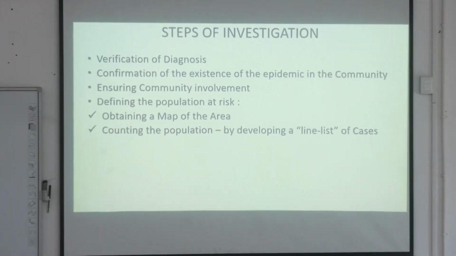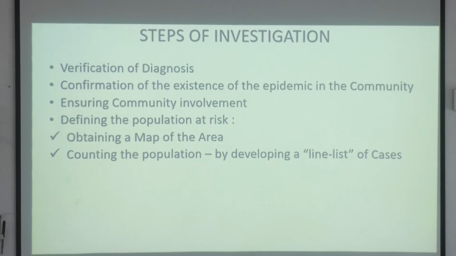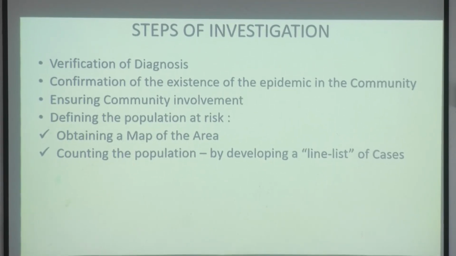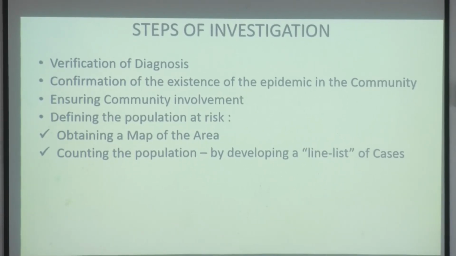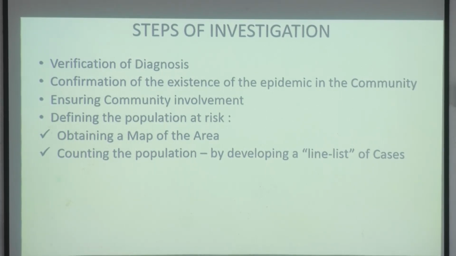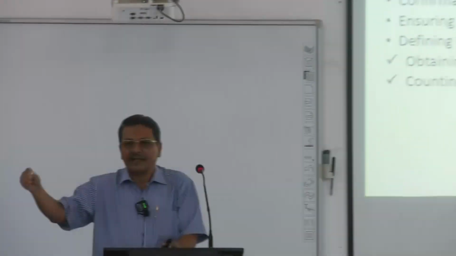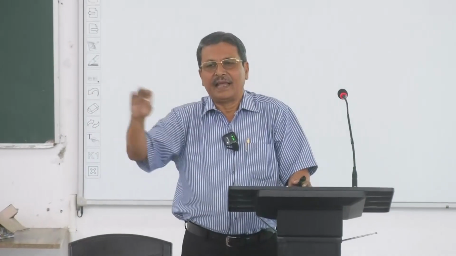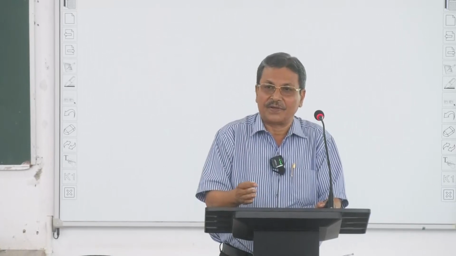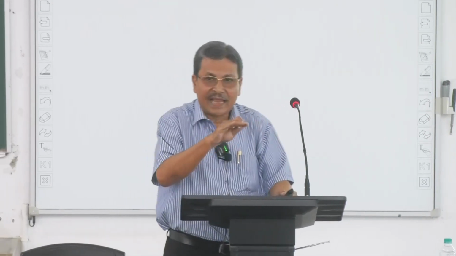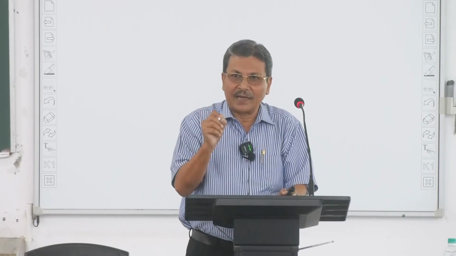By counting the population, you have to count the cases who have already suffered by developing the line list of cases. Line list means in a tabular form you write, for each case: the name, age, sex, residence, occupation, signs and symptoms, and when they developed.